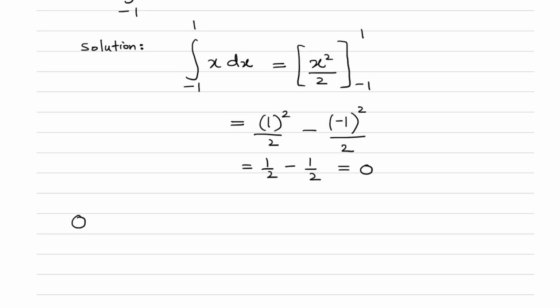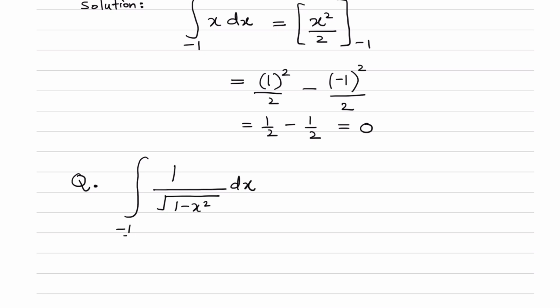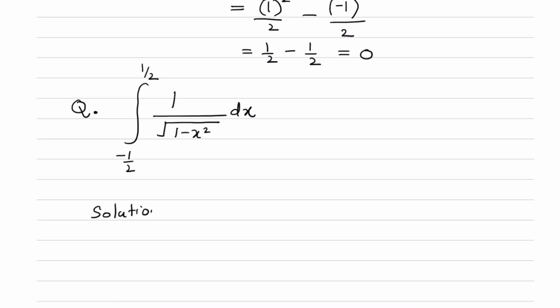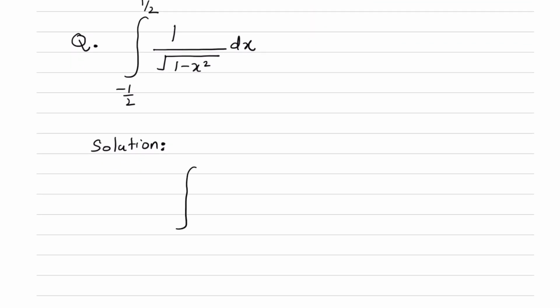Let's attempt another question. You have to solve an integral 1 over square root 1 minus x square dx from the limits minus 1 by 2 to 1 by 2. First, we will solve this integral without the limits, which is 1 over square root 1 minus x square dx.